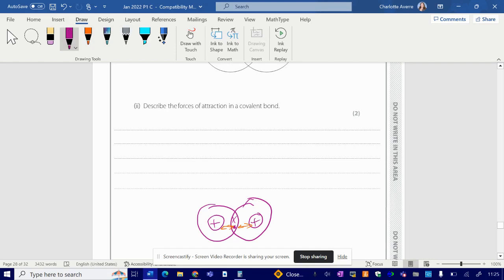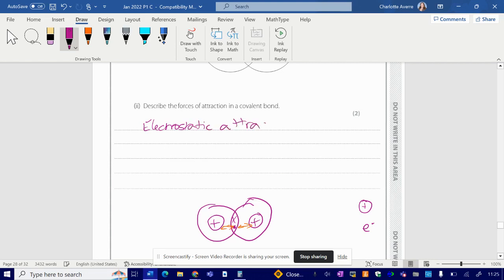What do we call the forces of attraction between two charged things, like a positive nucleus and a negative electron? We call them electrostatic attractions.